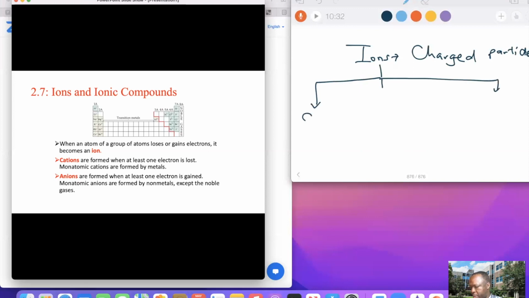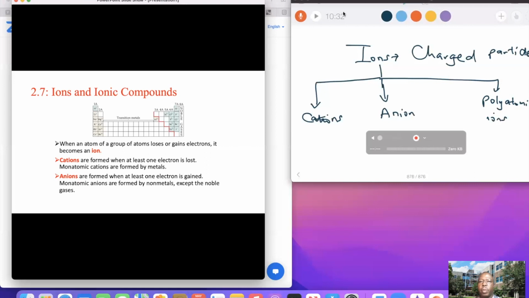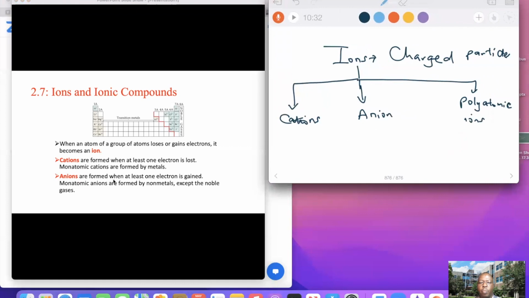We have cations, we have anions, and then we have polyatomic ions. Polyatomic ions can be cations or anions.